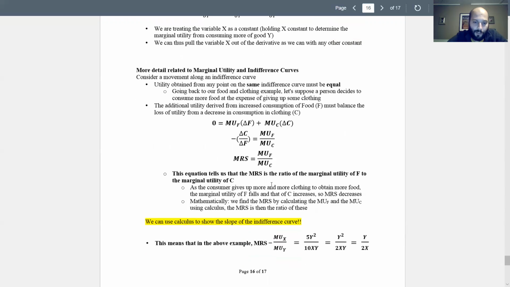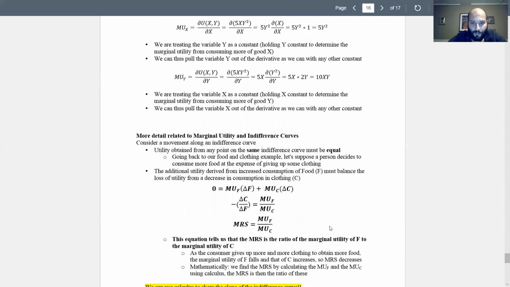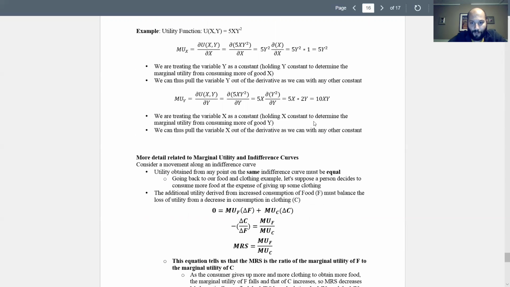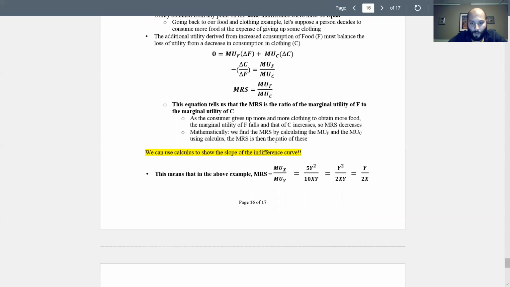Okay, so finally, we need to find our marginal rate of substitution, which is the ratio of these marginal utilities we just found. So we simply divide them, 5y squared divided by 10xy. The y is going to cancel, right? So the y squared, we can cross out a y here.